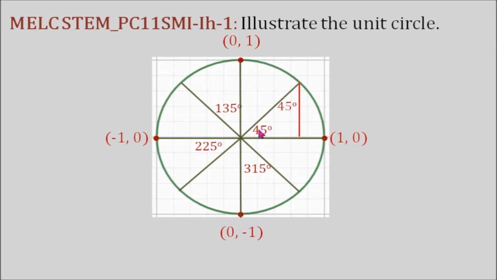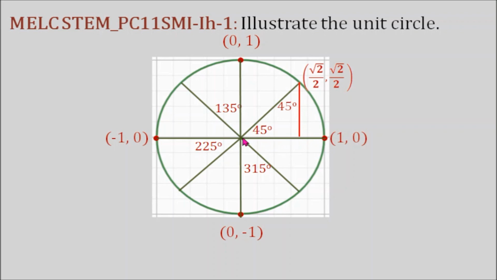Now we have a special right triangle, a 45, 45, 90 right triangle. From our geometry, if our hypotenuse measures 1 unit, the 2 other sides are equal, and their measures are square root of 2 over 2 and square root of 2 over 2.